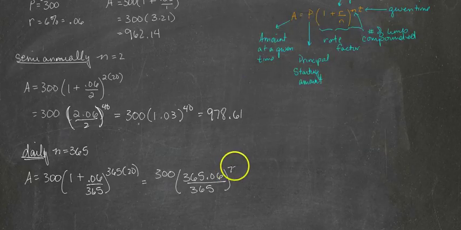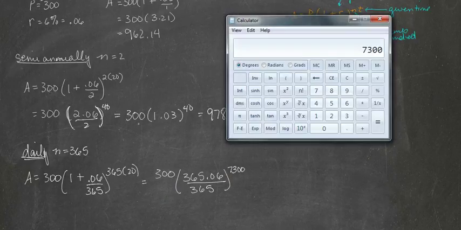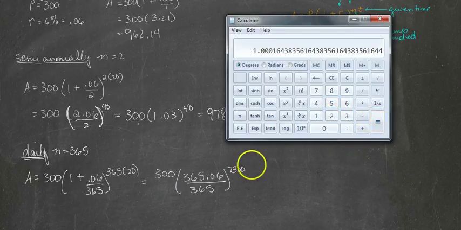7,300. Okay, that sounds big. Sounds like a huge difference is going to be made now. So let's see. Inside we have 365.06 divided by 365. Raise that to the 7,300.